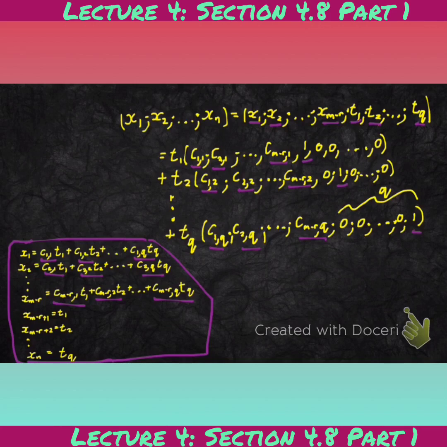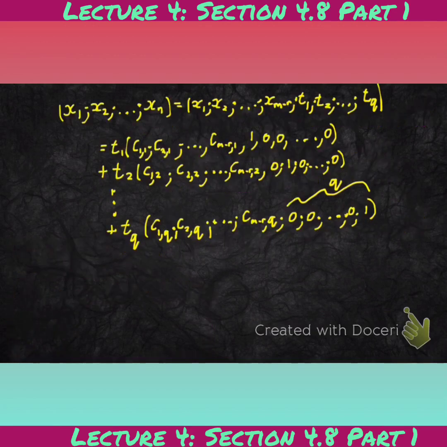Now, we are well on our way to finding a basis for the null space. Note that the vector x1, x2 up until xn is in fact a linear combination of these vectors here. So those vectors are going to form the basis vectors.